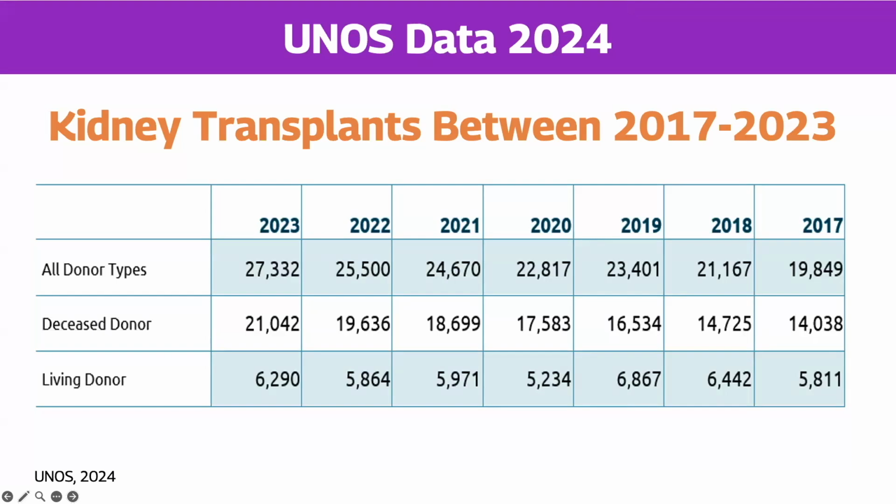As you can see, that volume is growing yearly. However, this tells us that donor numbers are insufficient to meet the demand. So this reinforces that the donor approach process, particularly with deceased donors, must be done in a very sensitive fashion and, of course, in accordance with the law.